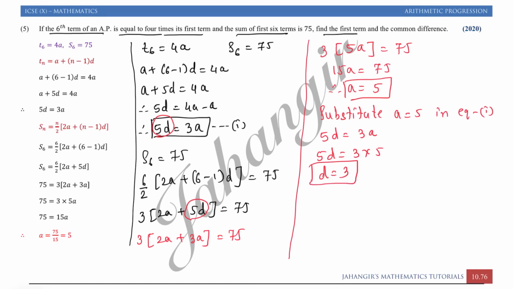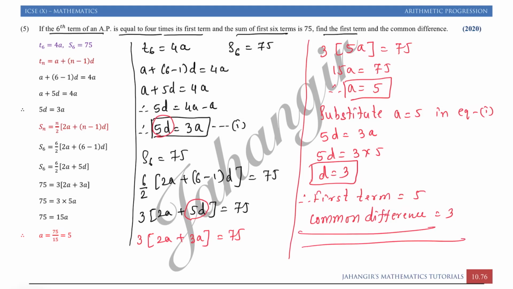We got the value of D. So therefore the first term is 5 and the common difference is equal to 3. Hope you understood this concept properly.